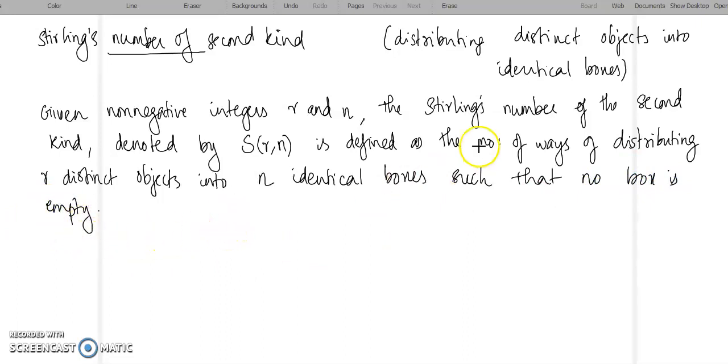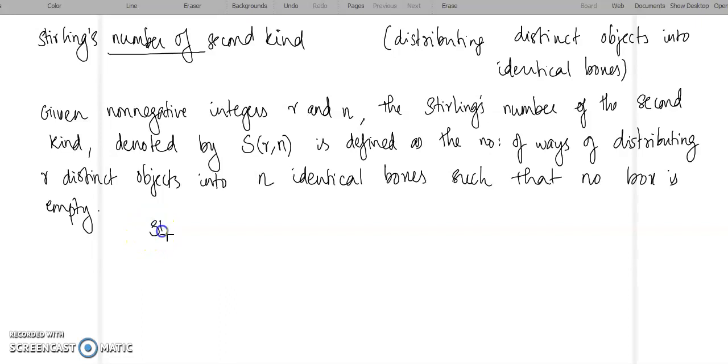So the Stirling's number S of r, n is defined as the number of ways of distributing r distinct objects into n identical boxes such that no box must be empty. So we will look at a few obvious results of the Stirling's number.